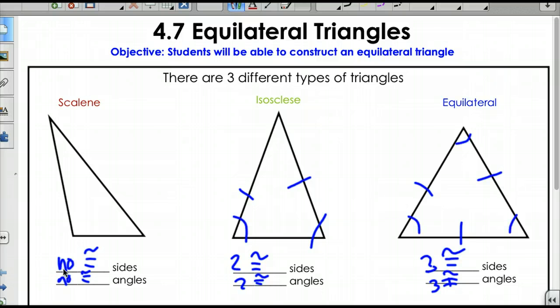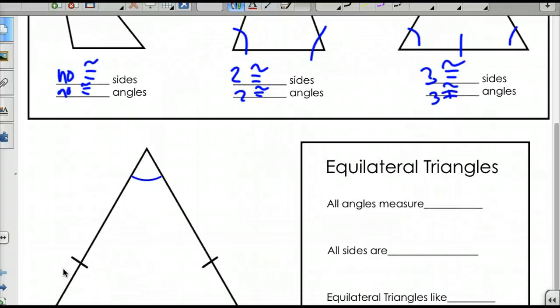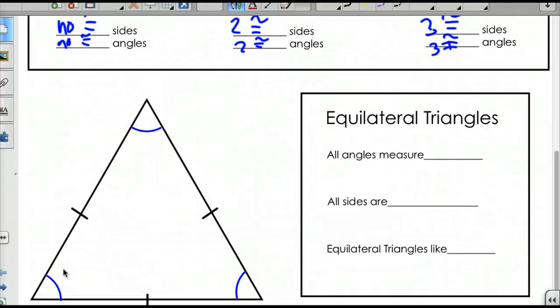Now, today we're going to be discussing equilateral triangles, so let me just give you a little bit of information about them. The definition of an equilateral triangle is that it has three congruent sides and three congruent angles. If you see that it has three equal sides, then you know that all the angles are going to be equal to 60 degrees.